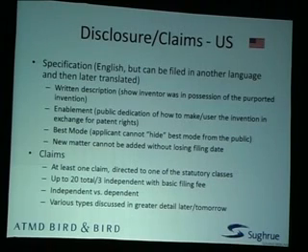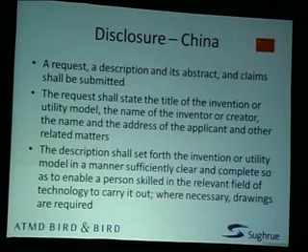Yeah, I just thought I'd highlight the disclosure requirement in China. It's a bit unique in the sense that there is an obligation to disclose under Chinese patent law both adverse and non-adverse materials, something like in the United States, a continuing obligation.